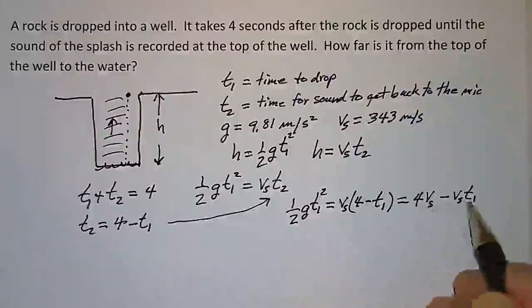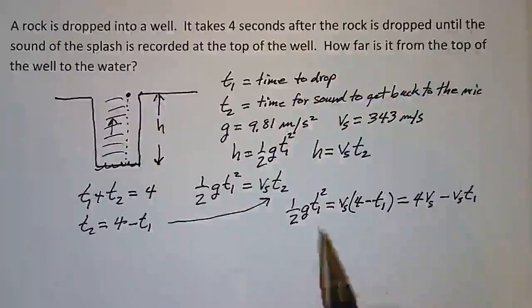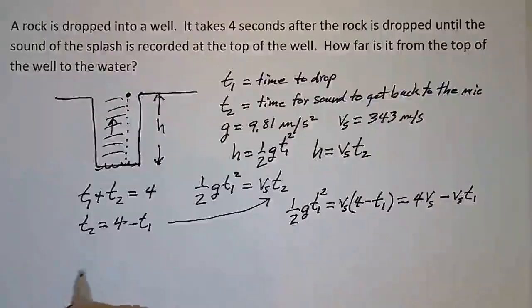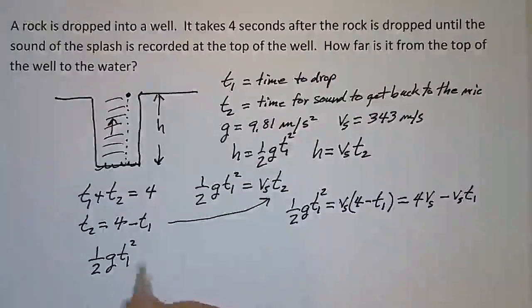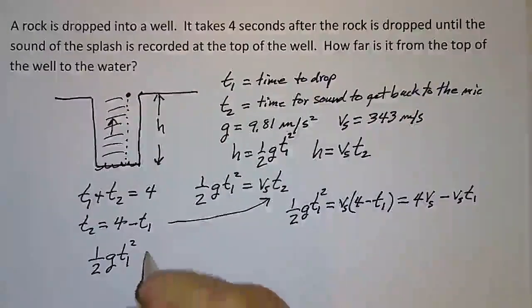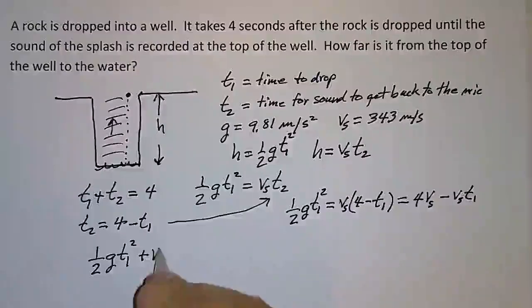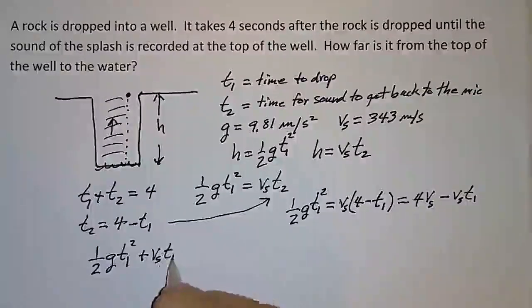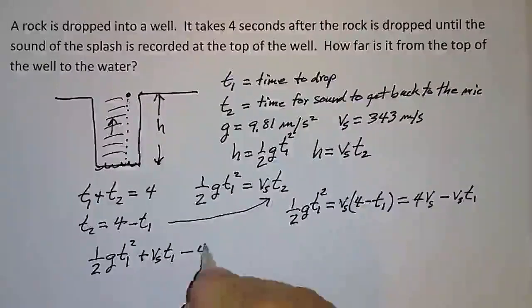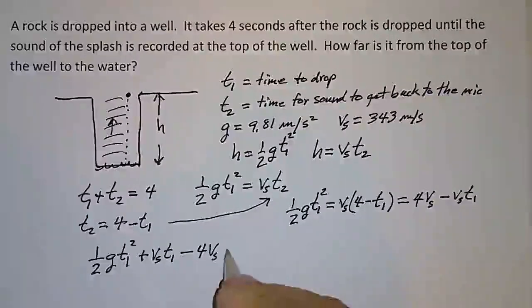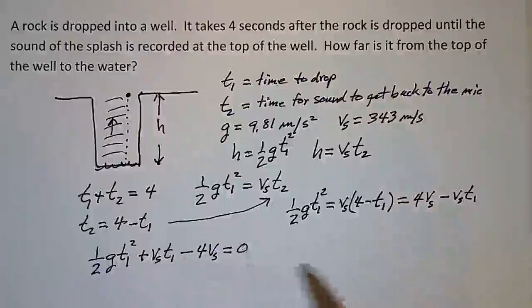So moving these two factors over to the other side of the equation, I can write it like this: 1/2 g T1 squared plus Vs T1 minus 4 Vs equals 0.